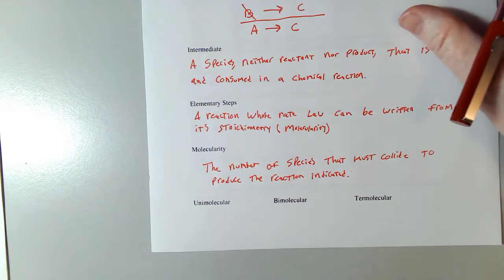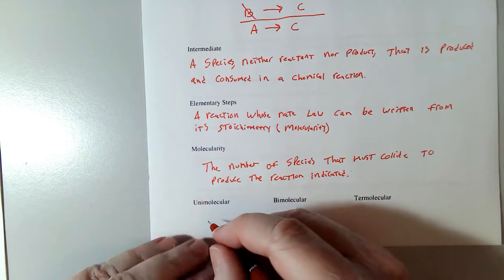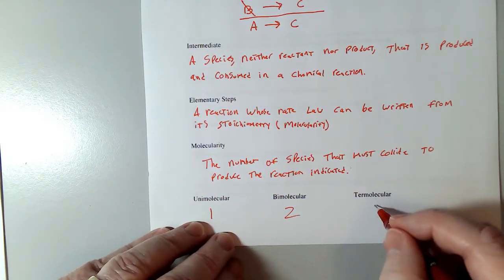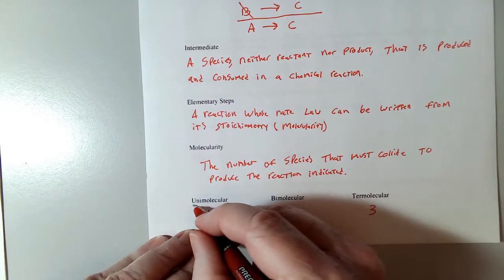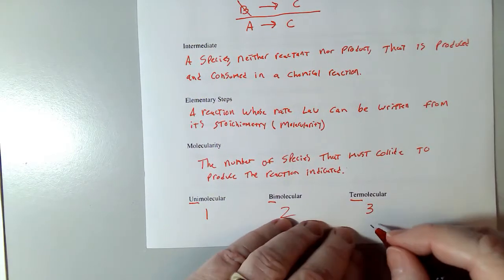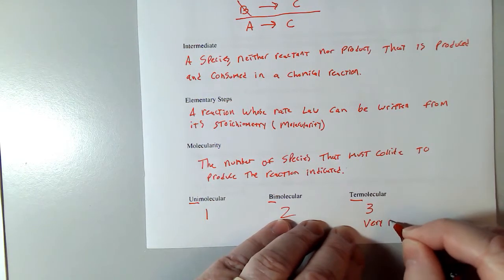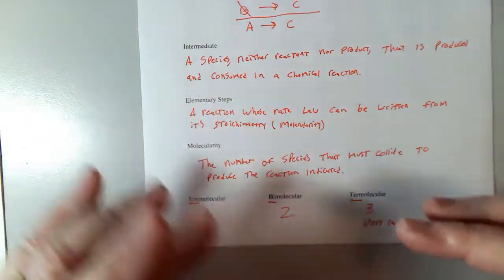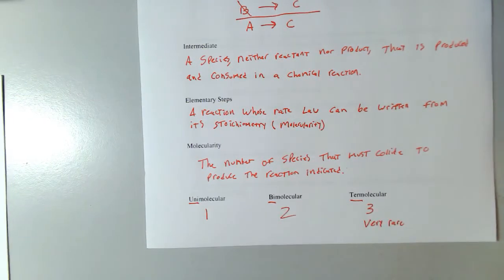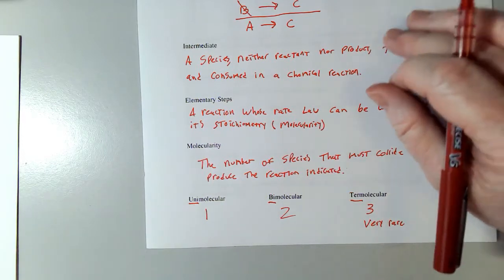Okay? Now, if it's only one species involved, it's unimolecular. If it's two species, it's bimolecular. If it's three species, it's termolecular. Just use your language skills. These are really uncommon. These are very rare. Because the likelihood of three things all colliding at the same time with the correct orientation, that's just out there. It's just not likely to happen.